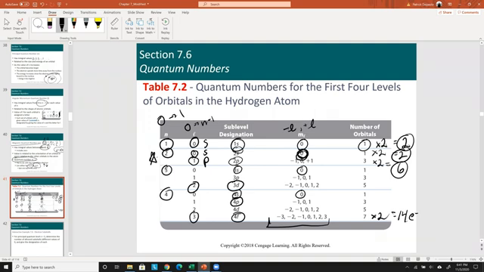And for that 3D, since L equals 2, the possible ML values are -2, -1, 0, 1, 2. 5 of them. There's 5 possible values. So if that's the case, then the 5 possible values times 2, because one electron spins up, one electron spins down in each one, you have a possibility of 10 electrons.